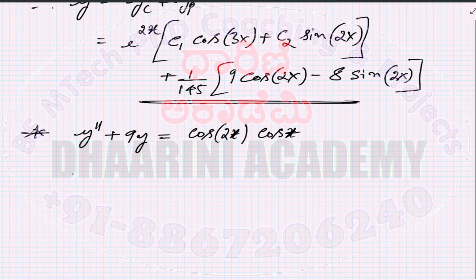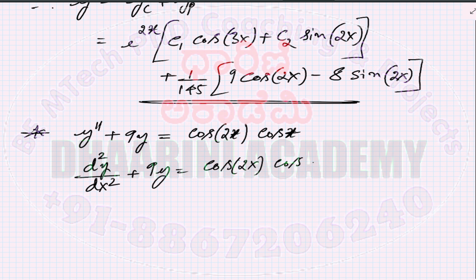Okay, now we start solving the problem normally. I replace y double dash, which is nothing but d square y by dx square, plus 9 times y is equal to cos 2x into cos x.